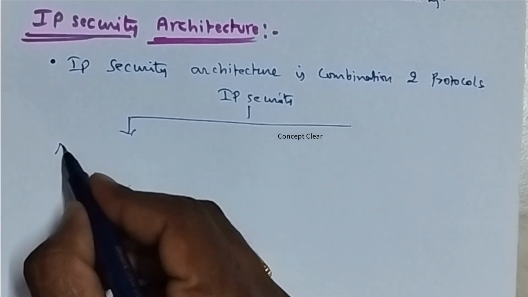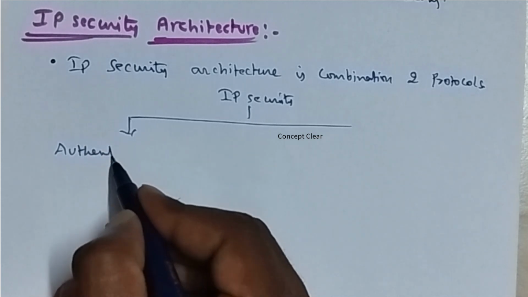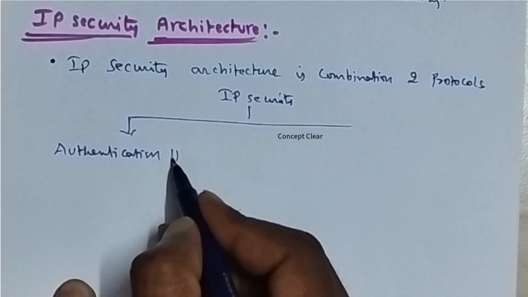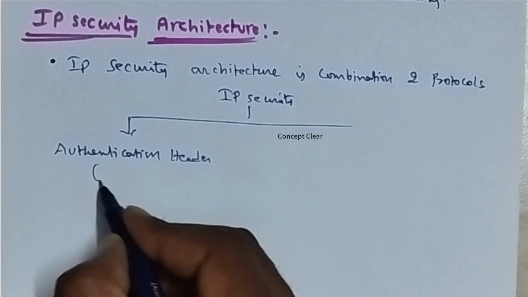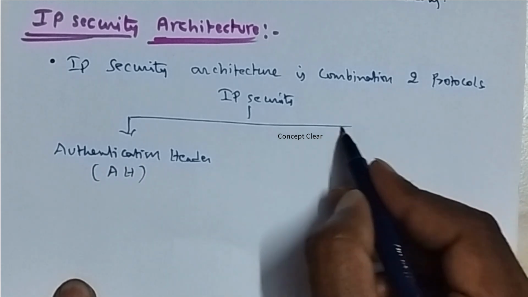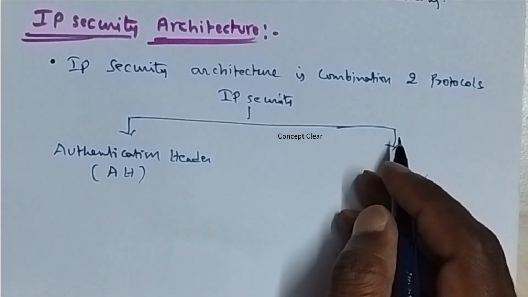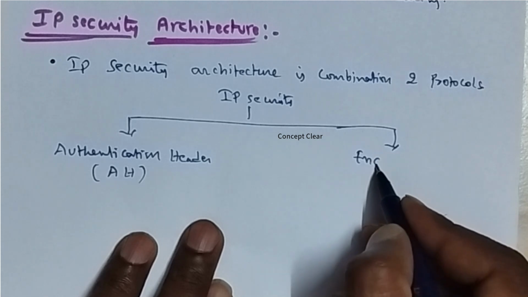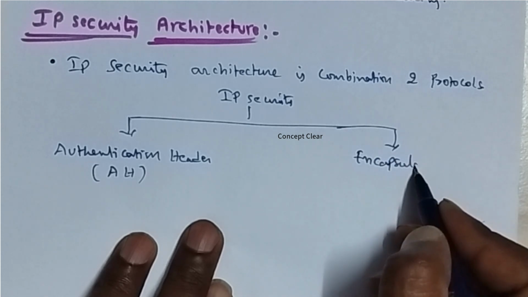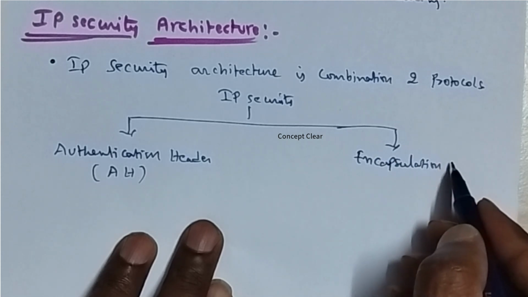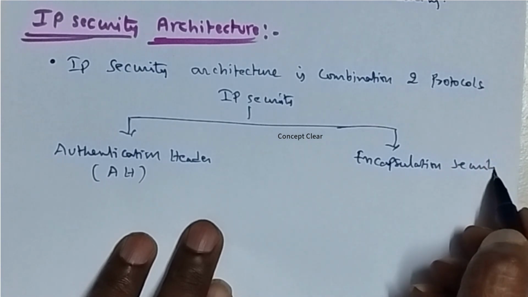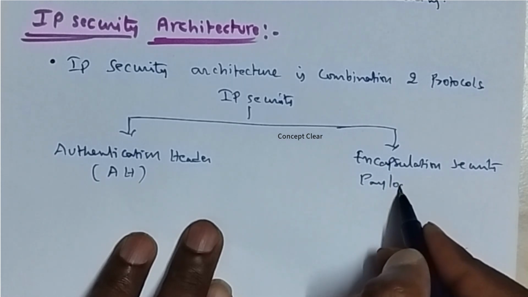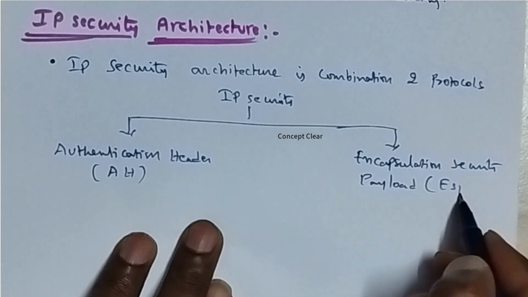The first one is authentication header, that is called AH. The second one is encapsulation security payload, it is called ESP.